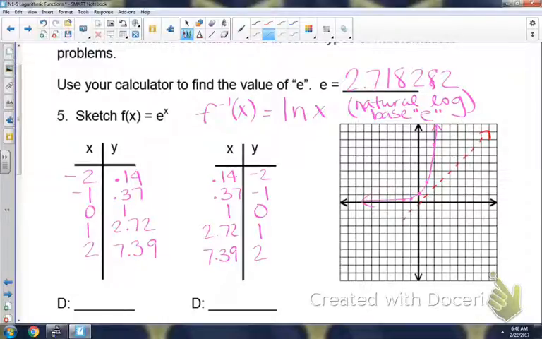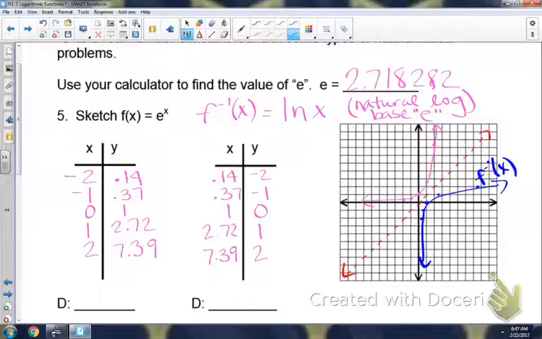This natural log function should look like the logs that we've already looked at on the front. So we're going to have those flipped points. Notice that it's approaching the y-axis here because it's a log function. So this was the inverse.